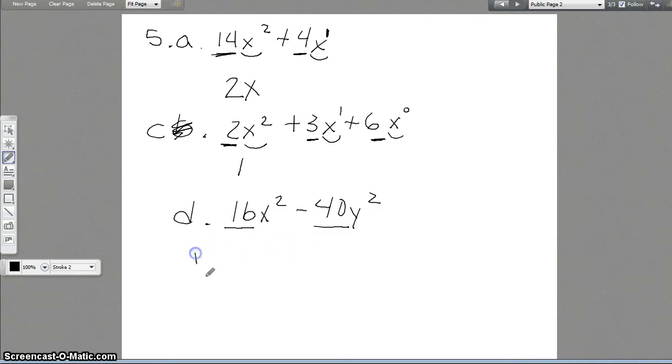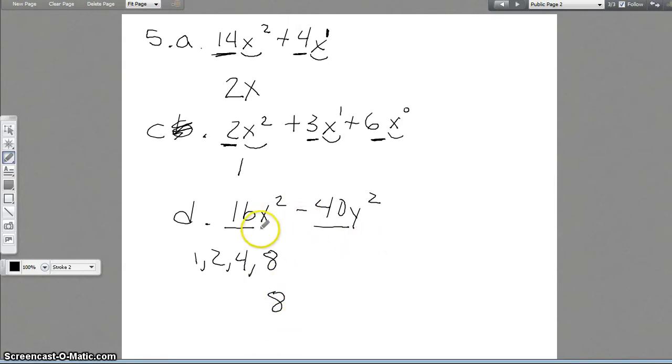Well, 1 is a factor, obviously. 2 is a factor of both, because 2 times 8 is 16 and 2 times 20 is 40. 4 is a factor for both. 4 times 4 is 16. 4 times 10 is 40. 8 is a factor of both. 8 times 2 is 16. 8 times 5 is 40. 8 is going to be our greatest common factor for our coefficients. So we're going to write an 8.